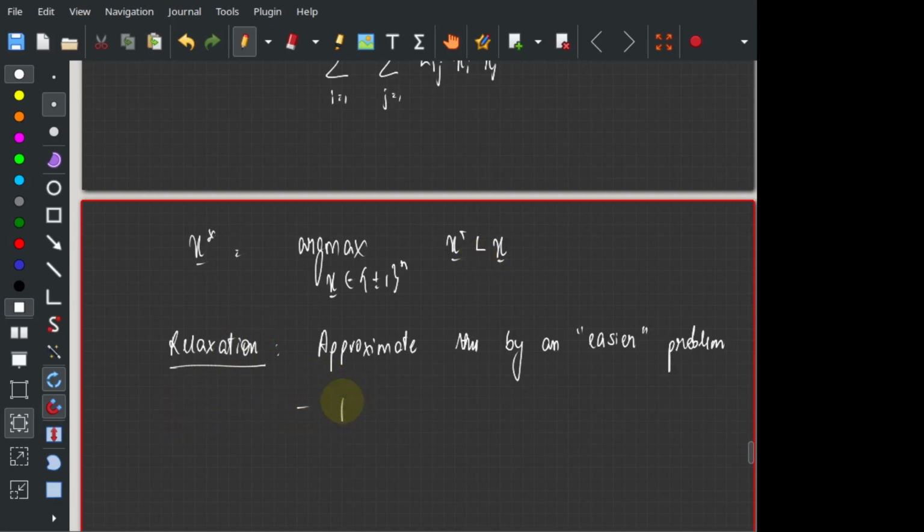So I can relax the constraints or the function. Typically, this is called a surrogate function.